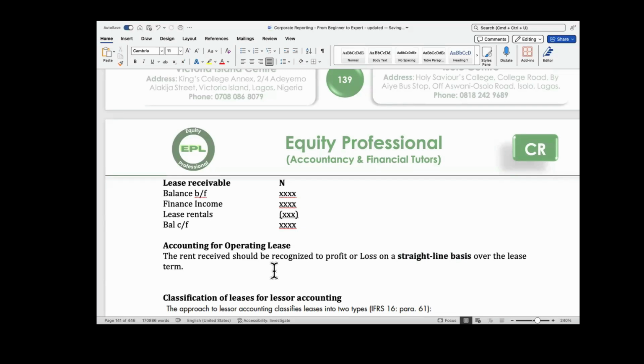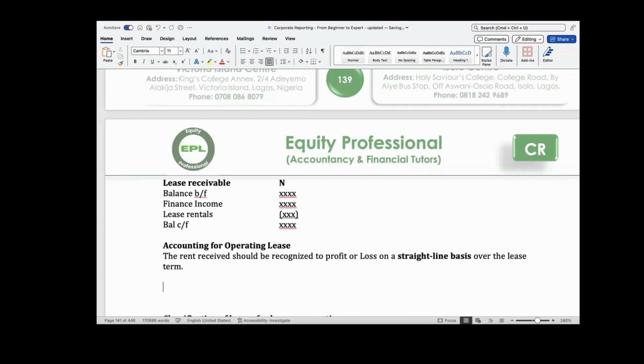So if the amount received per year is unequal, what goes to P&L should be on a straight line basis, an equal amount every year. That is all for accounting for lessor.